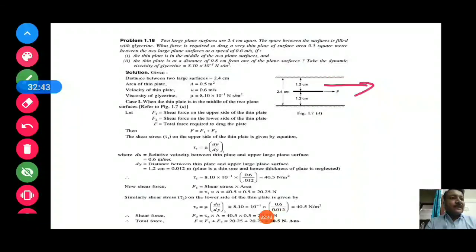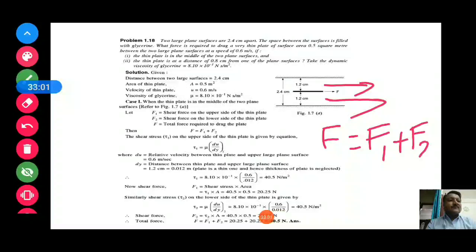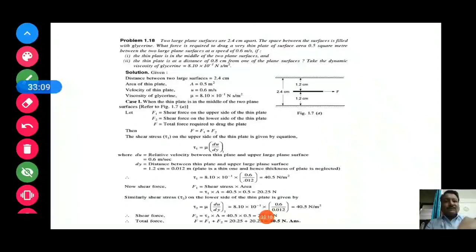So the total force acting on the plate is F is equal to F1 plus F2. So F1 plus F2 is the total force acting on the plate. Firstly you have to find F1, that is the shear force acting on the plate on one side.